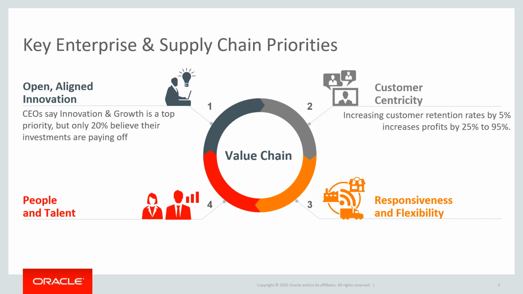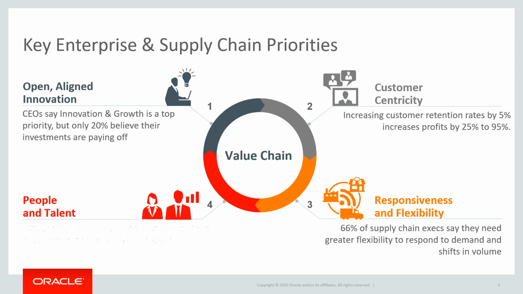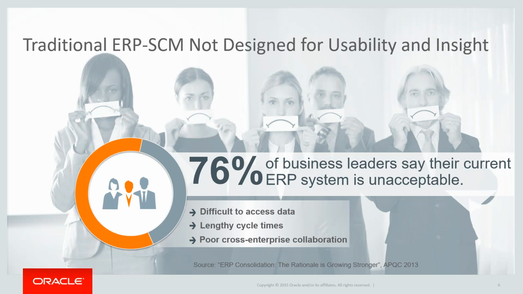They need to be customer-centric to be able to retain customers and increase profits, be able to be responsive in the supply chain, because the supply chains are getting more complex, they're getting more rapidly changing, so we need to be able to respond to those. And then the other thing is around people, right? The people are used to modern applications in all their other lives, so they're not wanting to deal with the older on-premise green screen type applications, so everybody's looking for more modern technology.